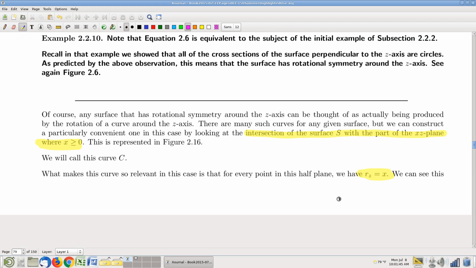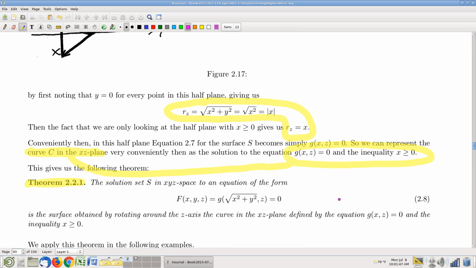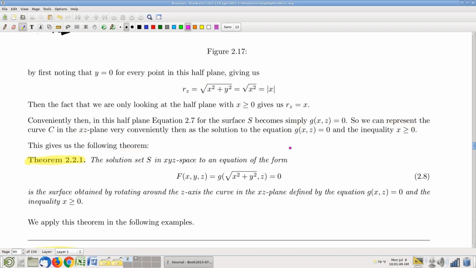Okay, so here's our theorem, and then we'll do an example. If you have an equation that fits this form, where again x and y appear only in that way, strictly only in that way, then just look at the curve that you get in the xz plane, defined by replacing square root of x squared plus y squared by x.